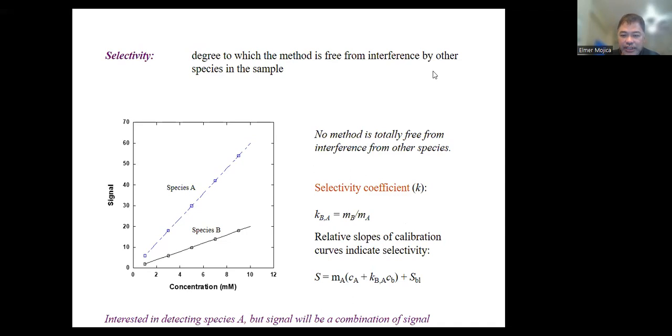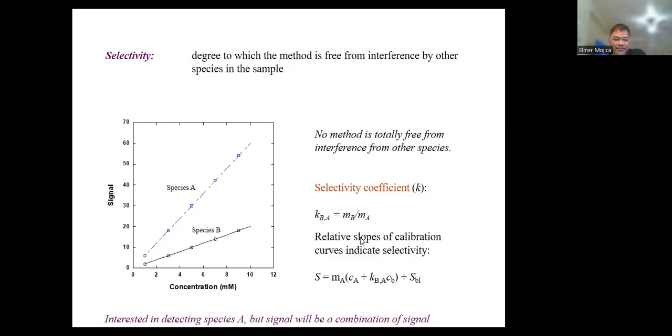So if you're going to look at selectivity, you're able to distinguish the signal of an analyte from the signal of interferences. Usually what are the main interferences that we have? The matrix. Okay. So typically express this as a ratio, such as the ratio of capacity factors in chromatography, sometimes called specificity.